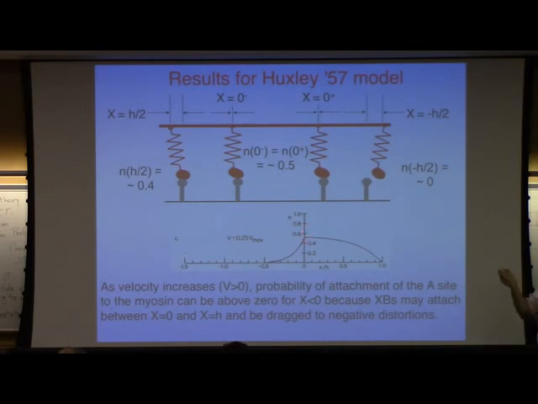So as cross bridges are cycling, as we were talking about earlier, you asked the question about why does the ratio go down. It's because as you begin to have this shortening velocity, they are detaching and cycling, and so the probability of attachment goes down, even under the highest fraction, the highest probability of attachment.